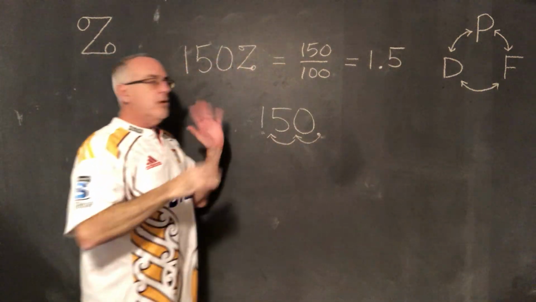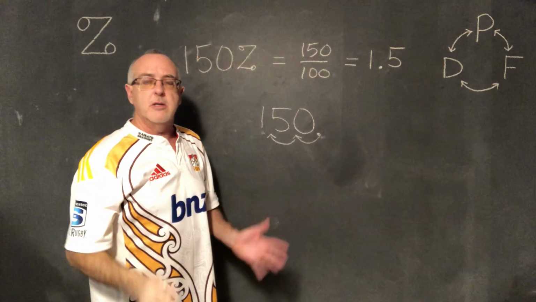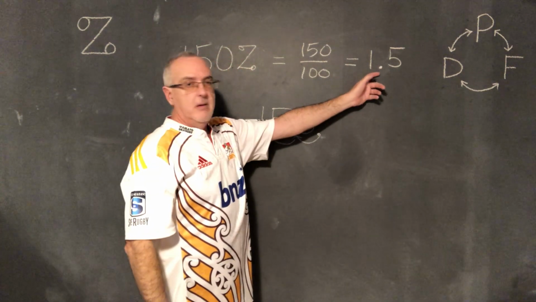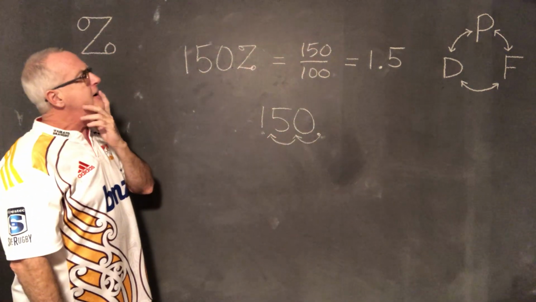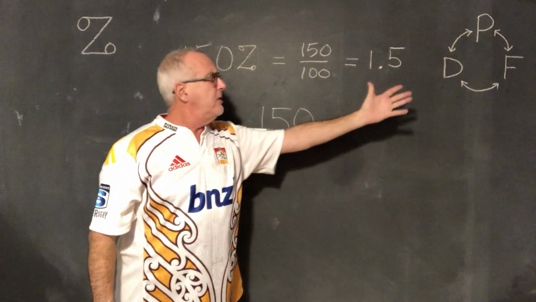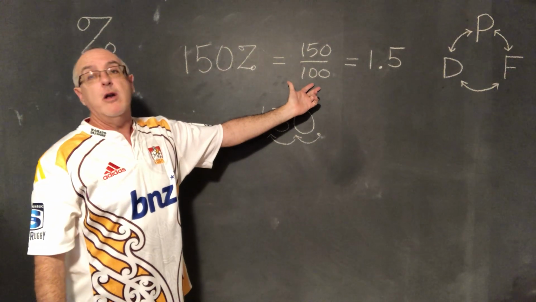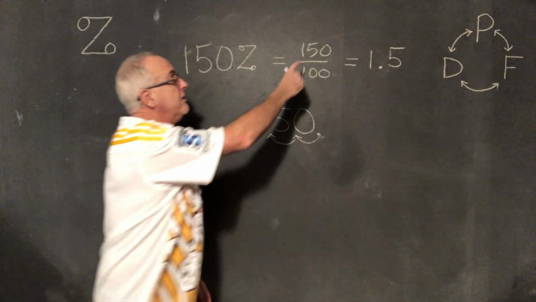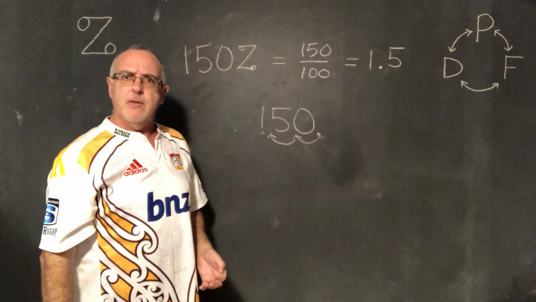And I don't have to talk to myself about whether I put a 0 before the decimal or not, like I do with those other ones that are all smaller than 1, because I have a 1 there. I don't need to put a 0 there. There's a 1 there. So 150% is equal to 1.5, which is equal to 150 100ths. But of course, if I were to reduce this, it would turn into 3/2.